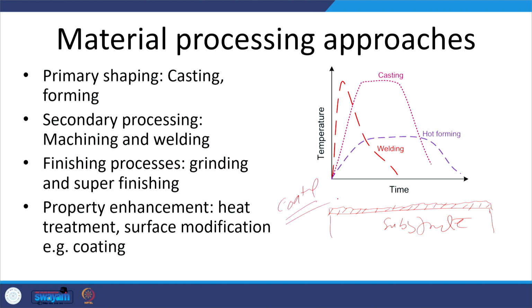So, the galvanization is like the application of the zinc coating over the steel for enhancing the corrosion resistance, one of the common approaches. Likewise, anodizing or the chromium coatings or the other approaches where some kind of the layer of the desired material is applied over the surface of a substrate to achieve the desired set of the properties.